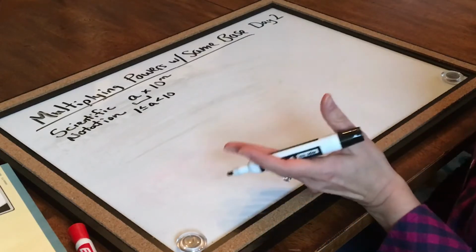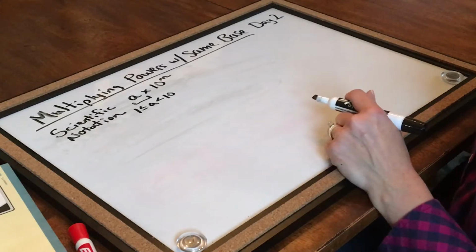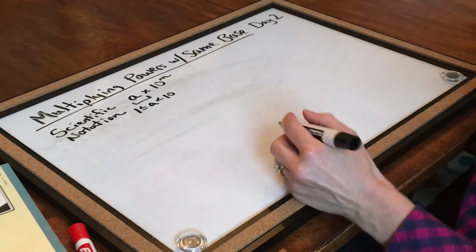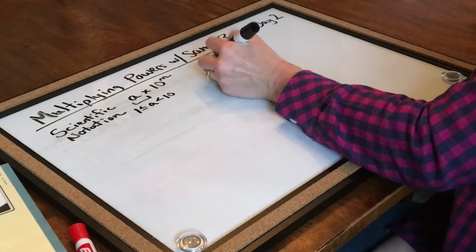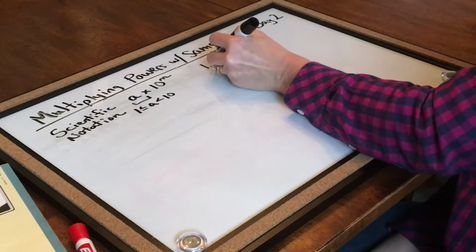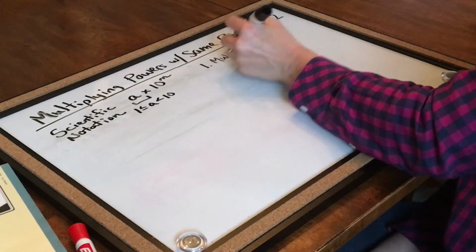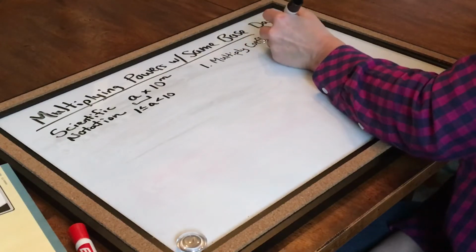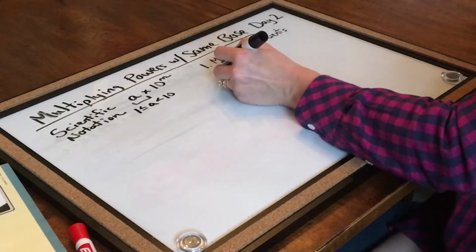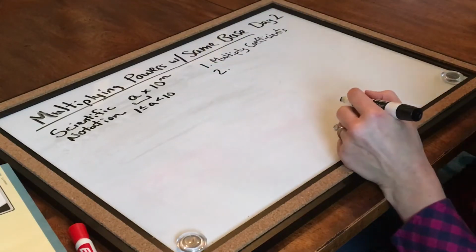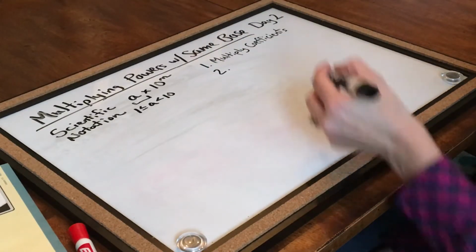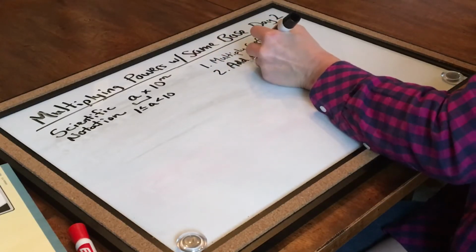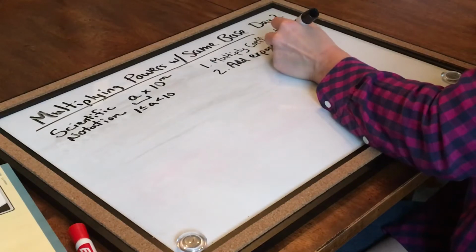When we do scientific notation, we're going to do the exact same process that we did for multiplying powers with the same base. First, we multiply the coefficients. Second, we multiply our base 10 and the exponent, so we'll be adding the exponents for base 10.